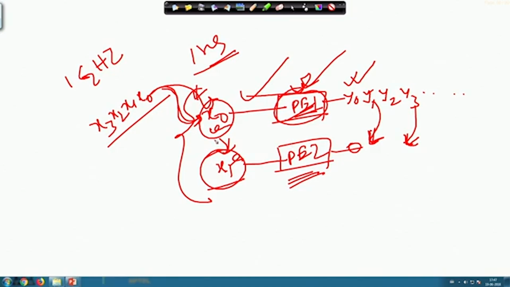So the sampling speed I need will be 0.5 nanosecond, so that within 1 nanosecond it takes x0 and x1 both, and produces y0 and y1 after 1 nanosecond.